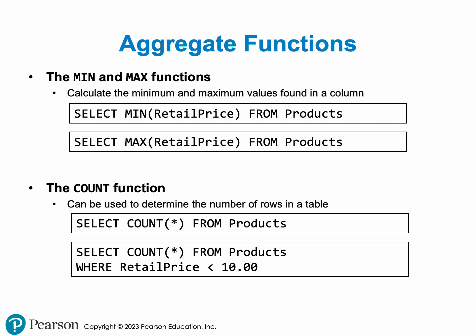There is also min and max as well as the count function. Min and max will show you the minimum or the maximum value found in that column, and the count will determine the number of rows inside of that column or inside of that table.